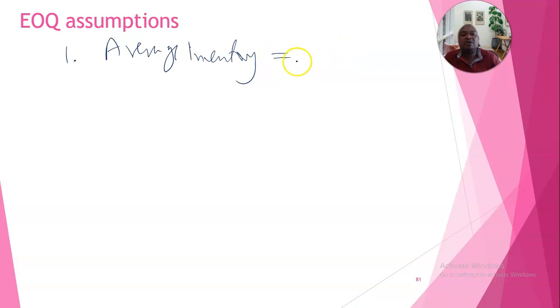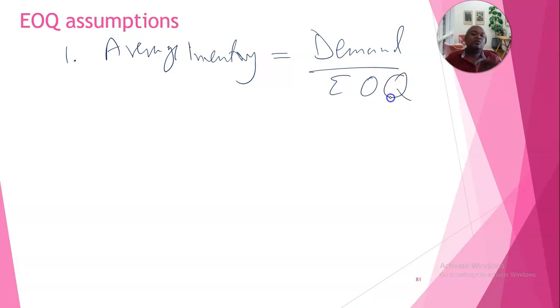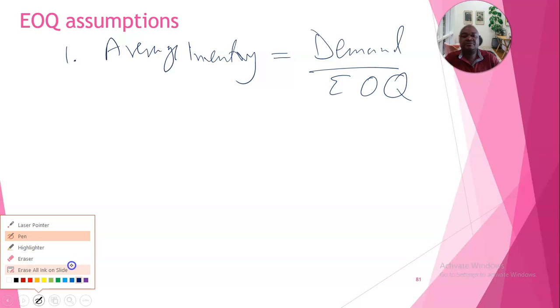We have done this when we were first computing: the average inventory was actually demand over 2. I'm sorry for that. That's what we did.